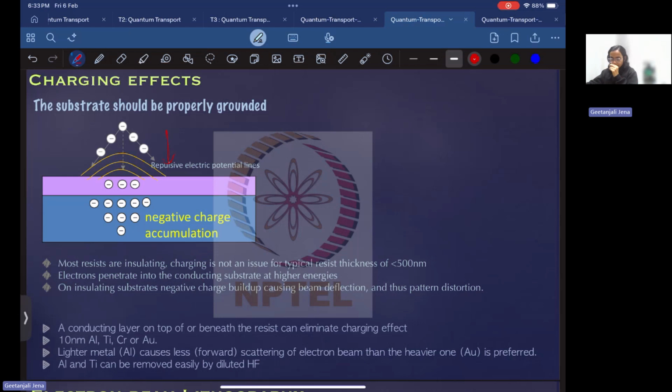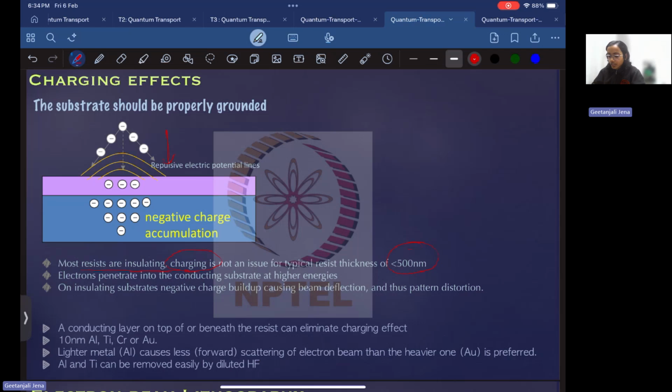For most cases, whenever we have a conducting sample, we use a resist which is insulating, but the charging effect won't be there if the thickness is less than 500 nanometers, because the beam will directly interact with the conducting substrate.